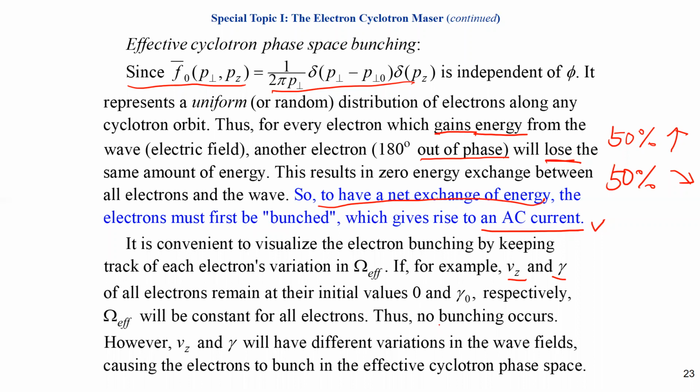Bunch 是群聚现象，bunching effect。为什么会发生群聚？我们有些加速，有些减速，加速走得快，减速走得慢。如果在一群粒子里面，前面是减速，后面是加速，那就形成一团。OK，它就可以把原来是直流的变成交流。However, Vz and gamma will have different variation in the wave fields, causing the electrons to bunch in effective cyclotron phase space.